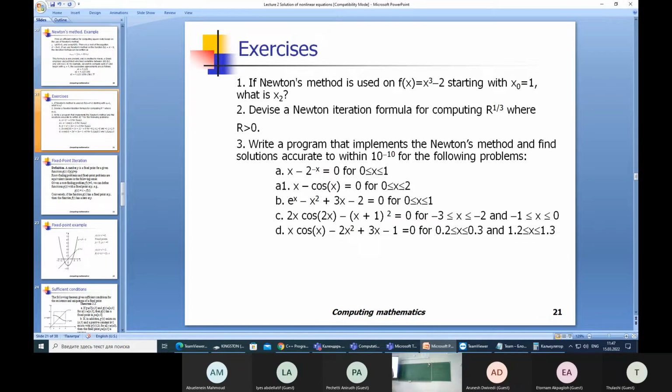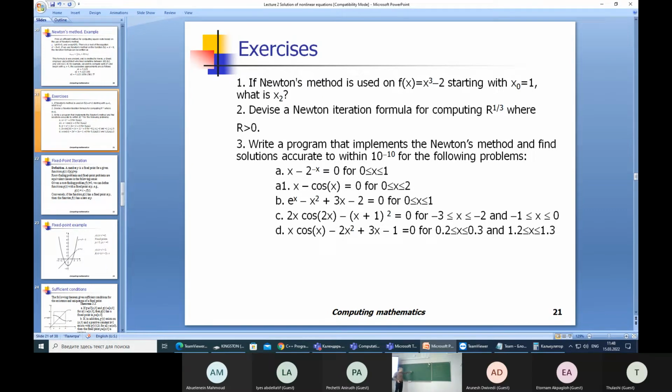Again, I don't know what is the value of cubic root of 2, but I know that cubic root of 1 equals 1. And I can take 1 as initial guess, initial value for this process. x0 equals 1. You should use this formula.